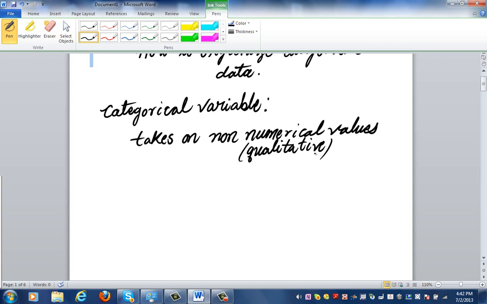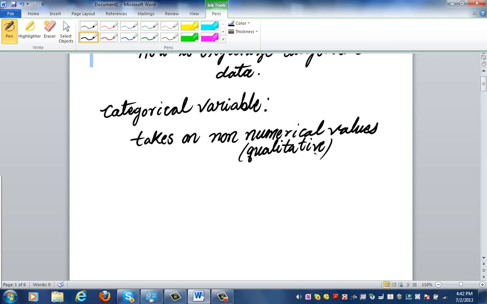Okay, so when the variable is a categorical variable, then the data values can be classified into categories.